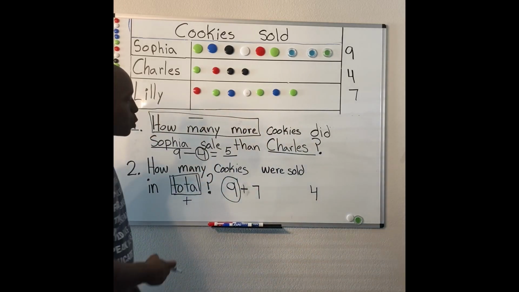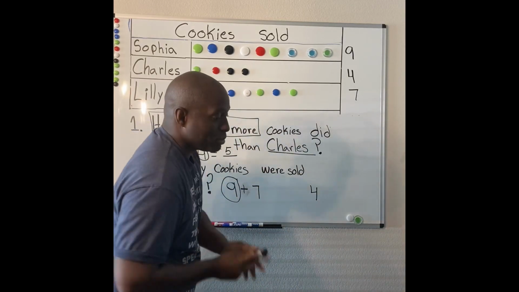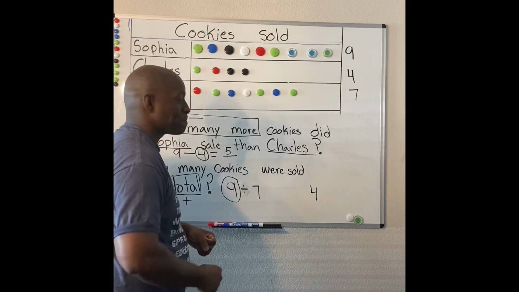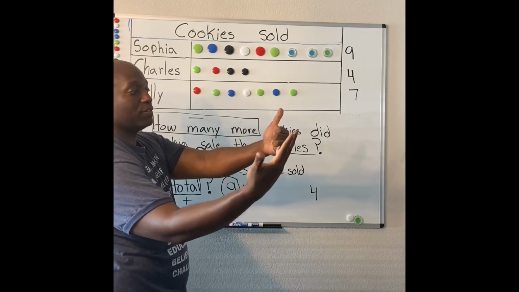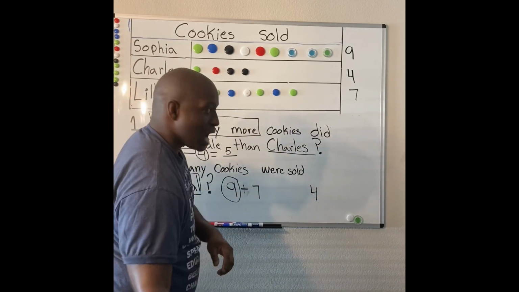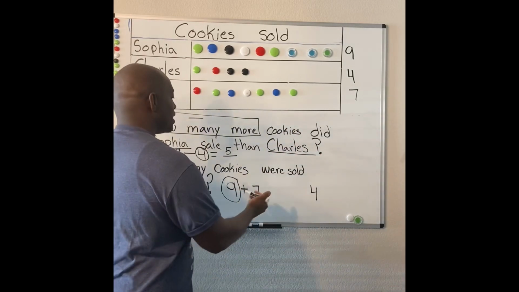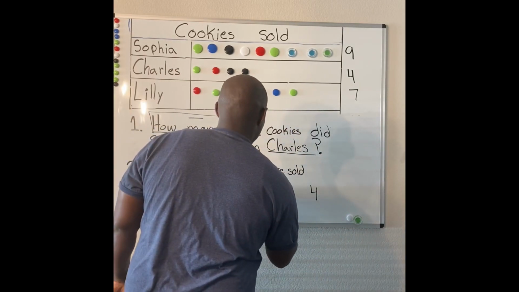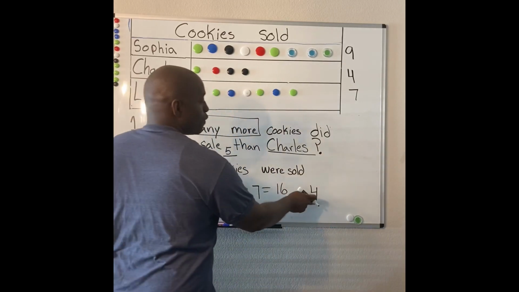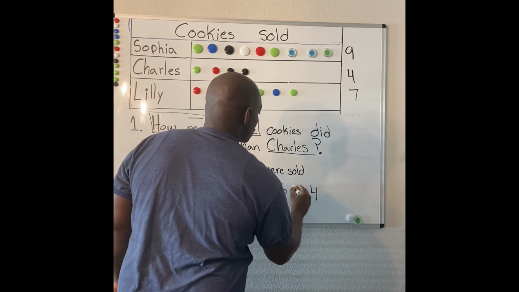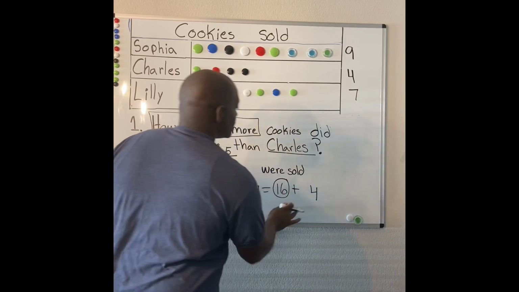16. So 9, that was ugly. Let me do it again. Had the marker in my hand. 9, 10, 11, 12, 13, 14, 15, 16. 9 plus 7 equals 16. And now we're going to add 4 to 16. So circle 16. 16 plus 4 more.